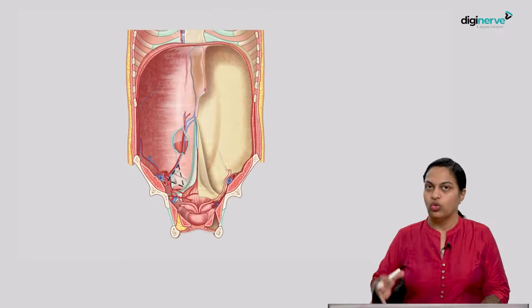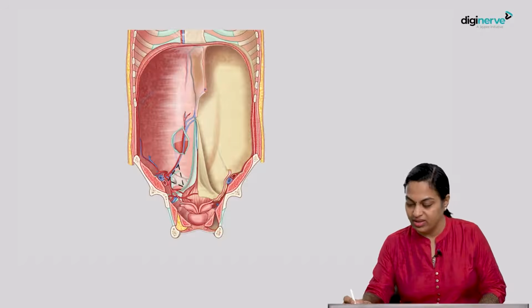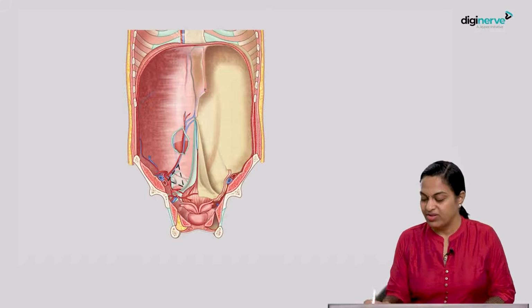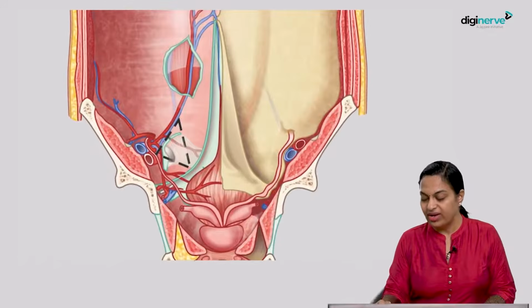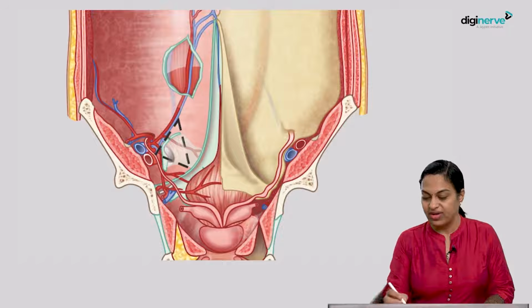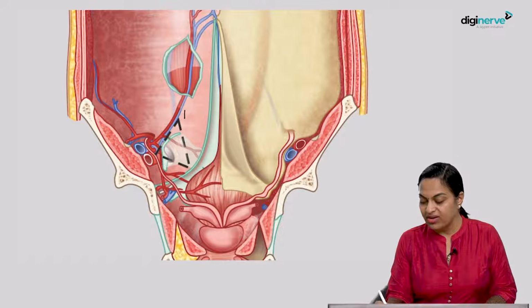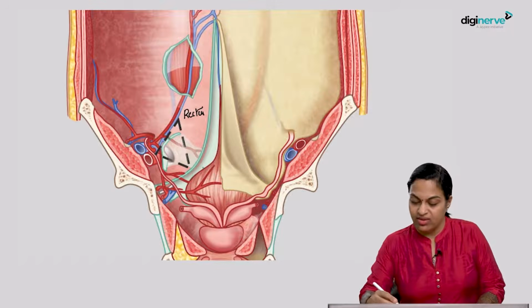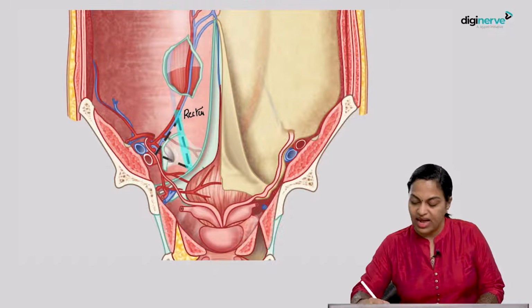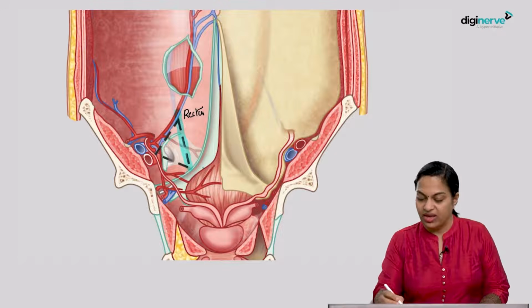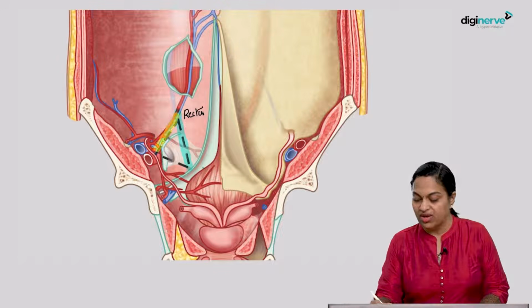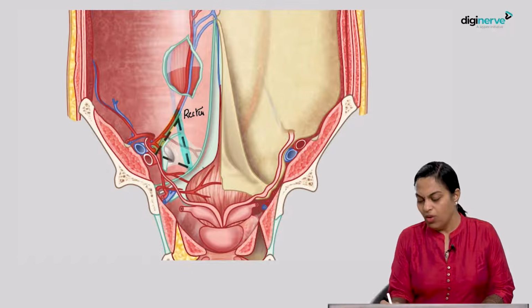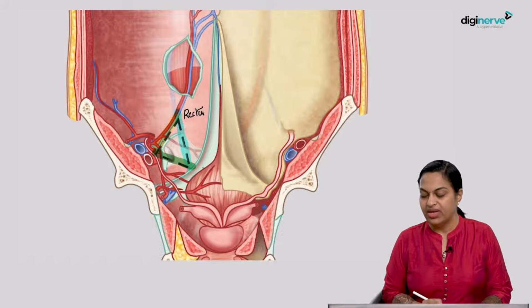Another picture to show you this Hesselbach's triangle. So this one that you see here is the rectus. What is shown in dotted line is the Hesselbach's triangle. This is the rectus muscle. We are viewing it from the inner aspect, right? And this again is the lateral border of the rectus abdominis. Can you appreciate the inferior epigastric vessels here forming the lateral boundary, and below by the inguinal ligament?